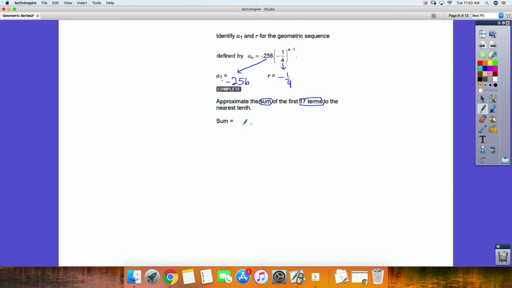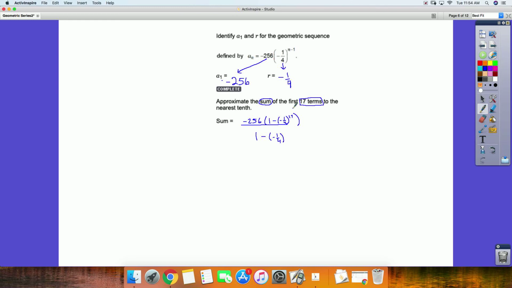So the sum is equal to -256 times 1 minus a -1/4 to the 17th power all over 1 minus -1/4.